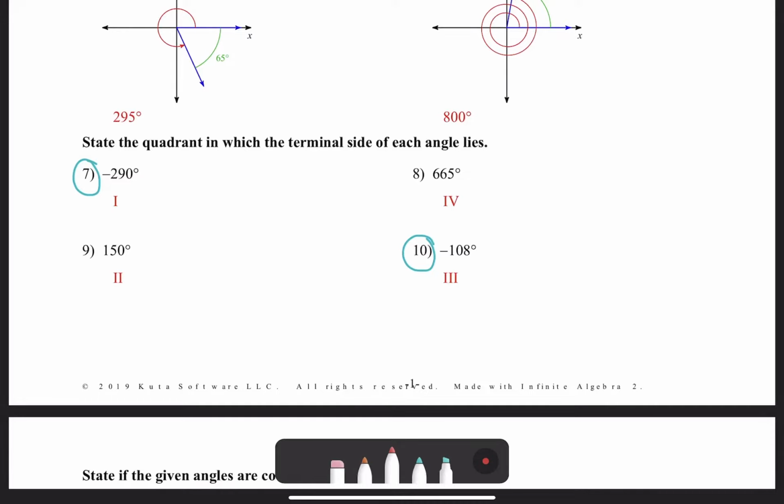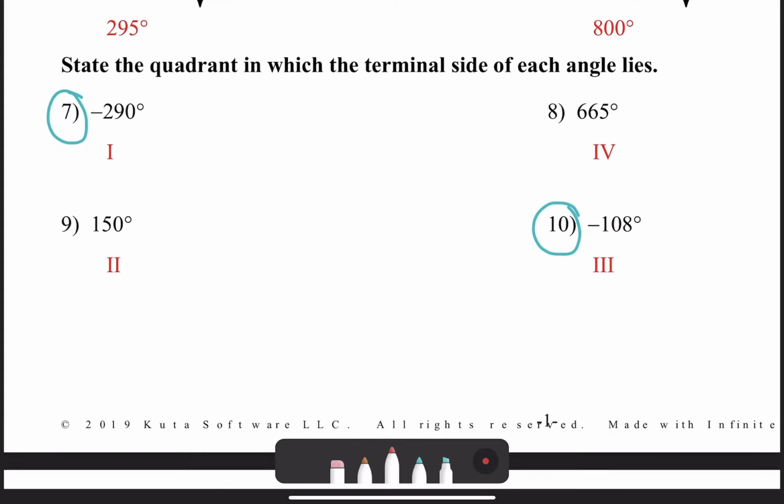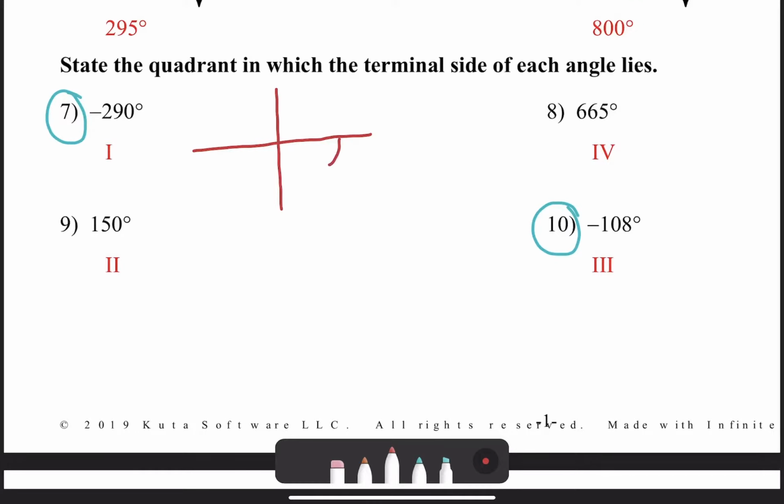In the second set of problems, what you're doing is state the quadrant in which the terminal side of each angle lies. So what I like to do is draw it out, and if I know I'm working with a negative angle, I know I'm going to be moving this way. So in this first problem, obviously we're starting at 0.